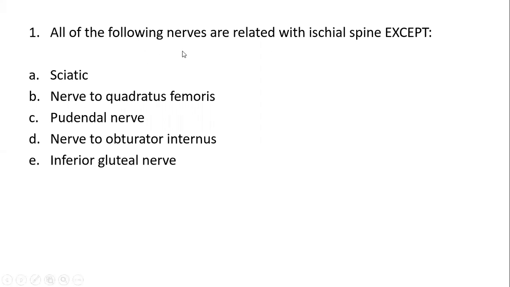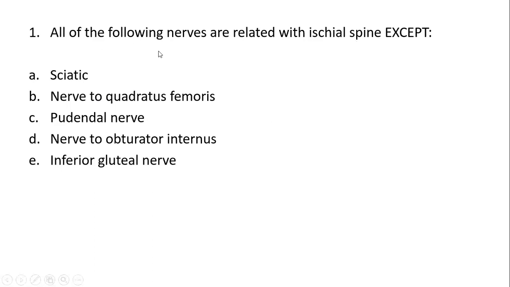So in this question, you are supposed to pick up one nerve that does not lie in close relation with the ischial spine. So that means that you have to pick at least 4 of the 5 nerves which lie in close relation with the ischial spine, and for that you must know the course and different relations of the different nerves passing in the gluteal region and posterior compartment of thigh.